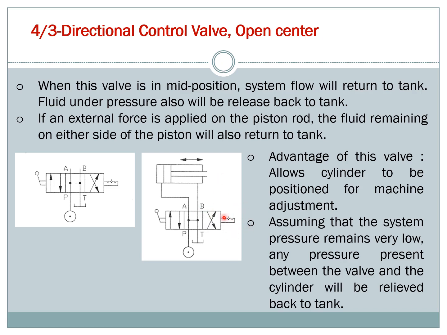This is a detented input, so it has a few levels. You press once, it goes to level 1, press again, level 2, press again, level 3, and press again, it will be released. That is an advantage of the detented input. The advantage of this valve is that it allows the cylinder to be positioned for machine adjustment.